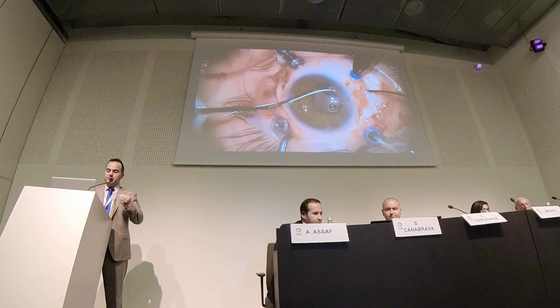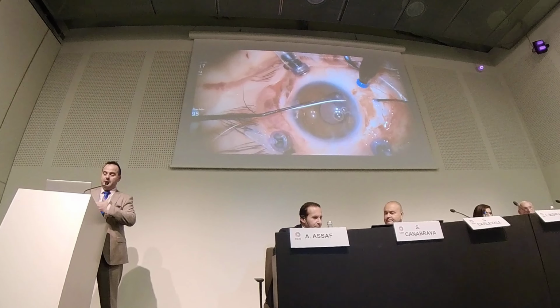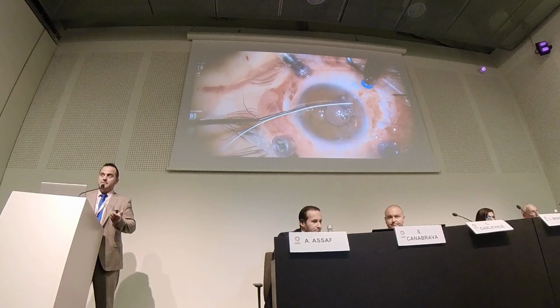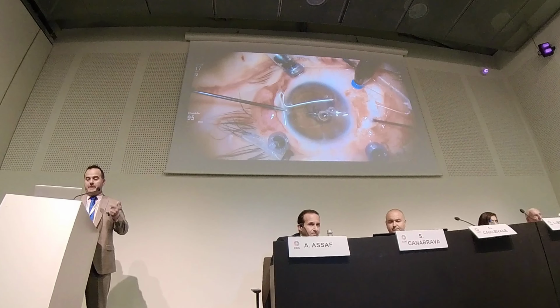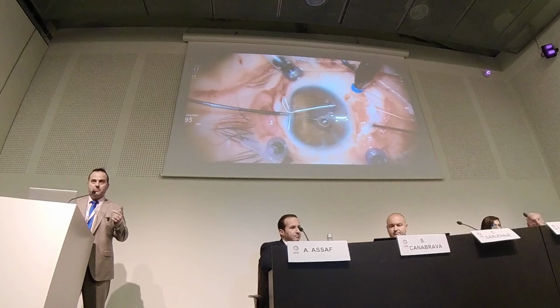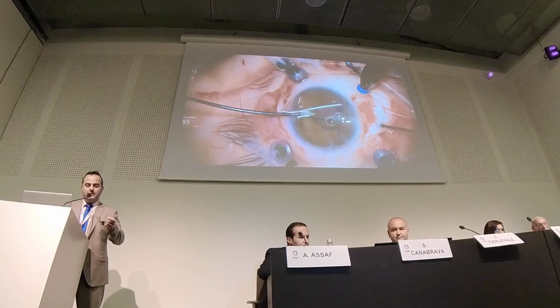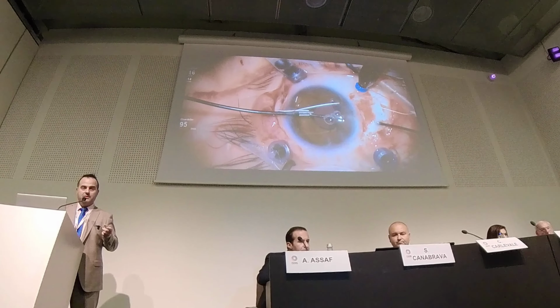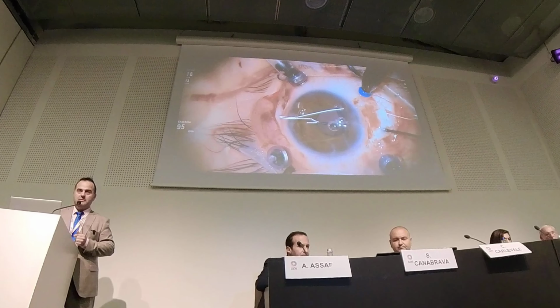Here I stay with 2.2 mm, and with micro instruments, of course. I would advise using micro instruments for the anterior segment because they are curved and more convenient for these complex maneuvers.